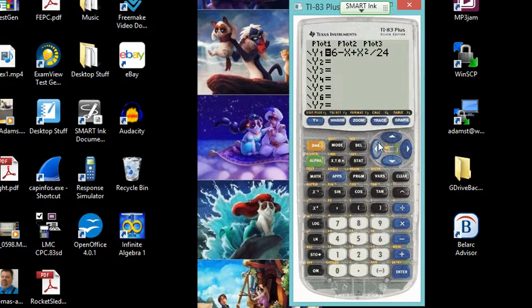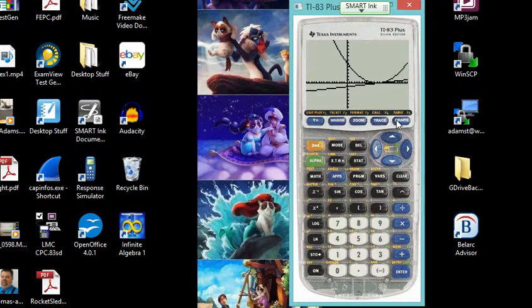So now when I go to graph this, if I take the derivative, y prime was actually x divided by 12, and then we subtracted 1 from it, right? So now we're going to graph that. What we see here is at x equals 0, the decrease in height is about 1 meter per hour, because that's what y prime represents, the decrease.